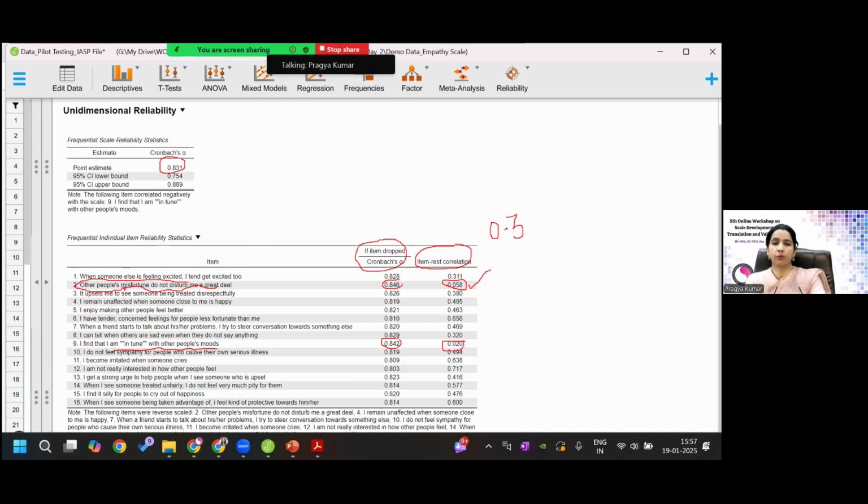And that's how it is being reported. So have you understood up till this point the reliability, item rest correlation, how to decide on a particular item if it is reliable or not? So it gives you the overall reliability, and it doesn't give you individual reliability, it tells you the item rest correlation. And if it is less than 0.3, then you say that it is not a good item.